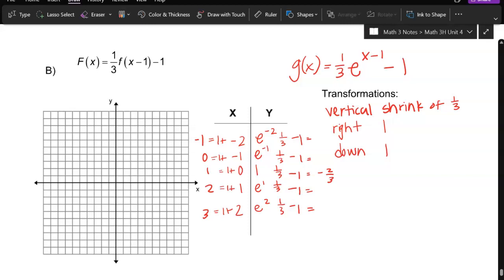So we are shifting right 1, down 1. So we're moving that asymptote down 1, and we are also moving the other to the right 1. So we're just shifting our values over this way.